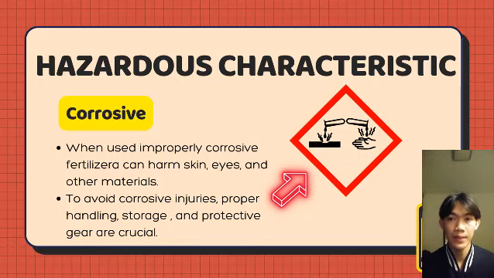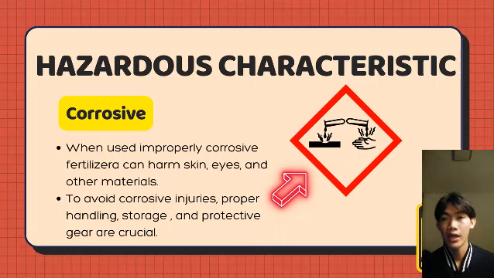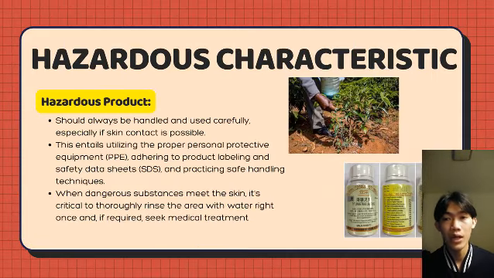When used improperly, corrosive fertilizer can harm skin, eyes, and other material. To avoid corrosive injury, proper handling, storage, and protective gear are critical. Hazardous products should always be handled and used carefully, especially if skin contact is possible.